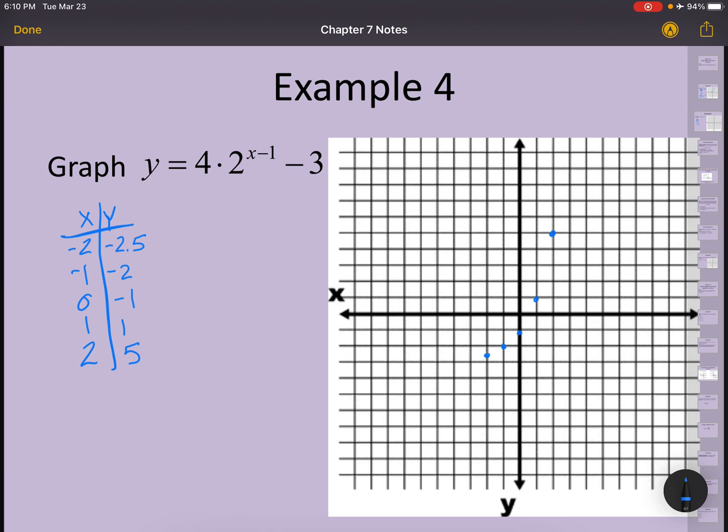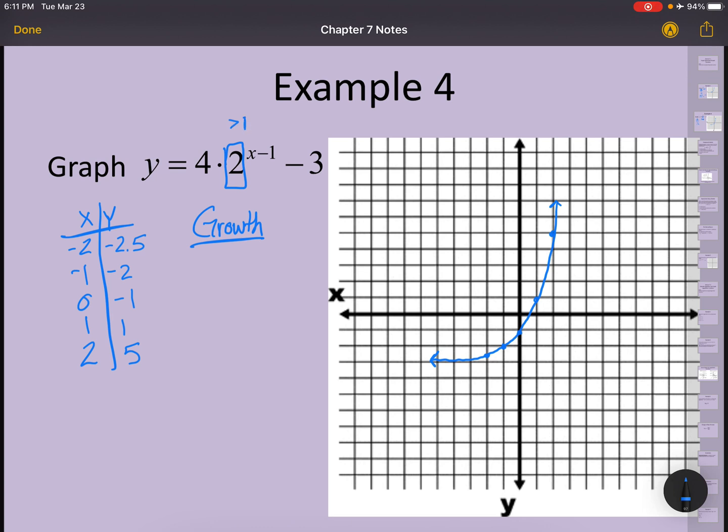Okay, so here we can kind of give our shape, our curve, about what's going on. Okay, so here's our growth. It's still growth because our number that is attached to our exponent is greater than 1, so it's still growth.